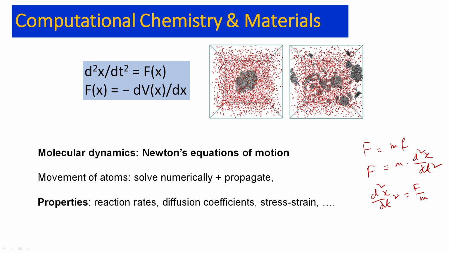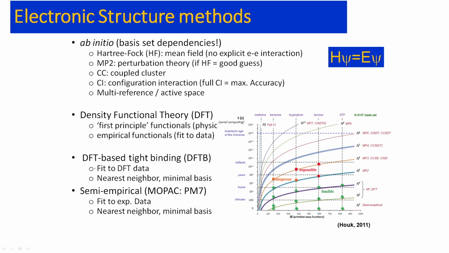This can be integrated and we can find the location of each atom in the whole system. We can solve the movements of atoms numerically and propagate them. That is how we can find reaction rates, diffusion coefficients, and stress strain using MD simulations. MD stands for molecular dynamics. It solves Newton's equation of motion.